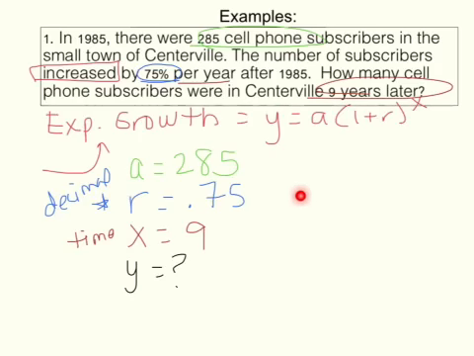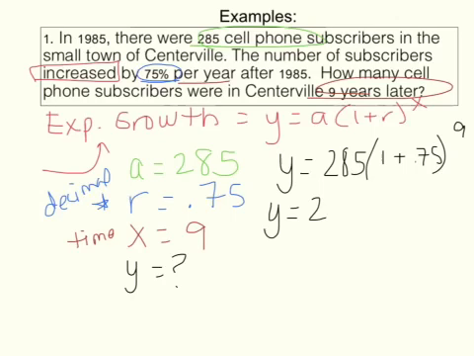So y we don't know. A is 285, times 1 plus my rate to the power of my x value. I can simplify: 1 plus 0.75 is 1.75 to the 9.